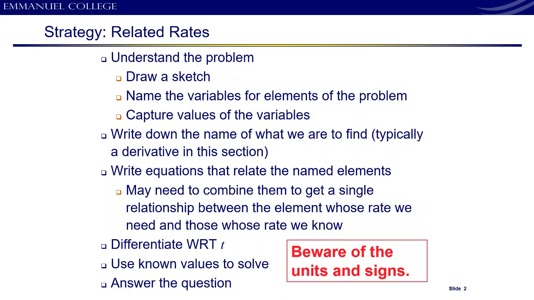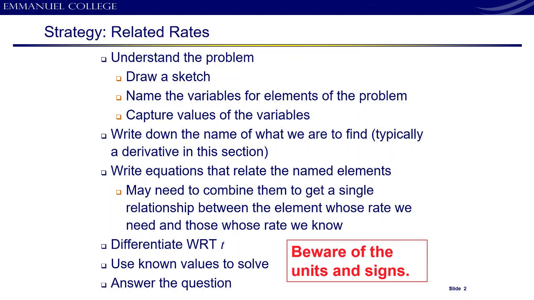If it says something is increasing, getting larger, or decreasing or shrinking, you have to know, is that rate of change positive or negative? So when you capture values, that's one thing you want to keep in mind.